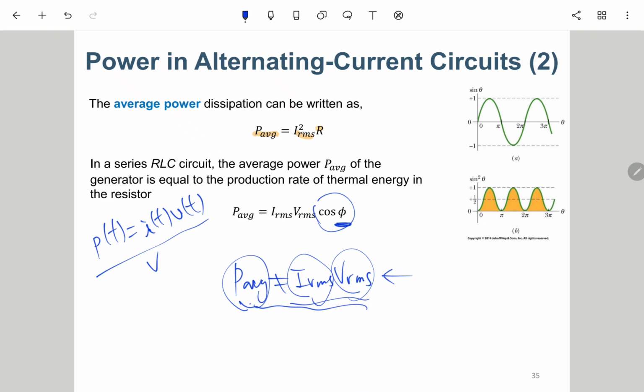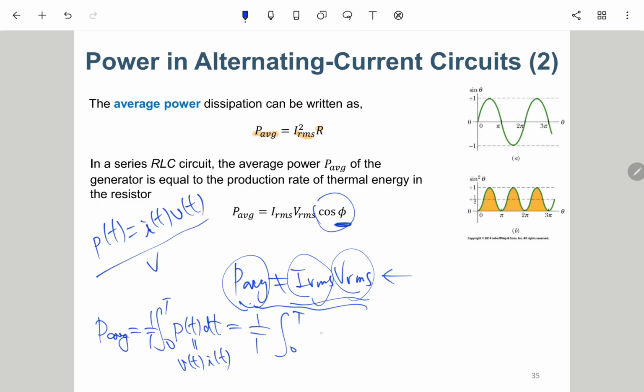The idea is, let's say, P average will be the integration of P of t dt from 0 to T. And this is still correct if we make it V of t times I of t.